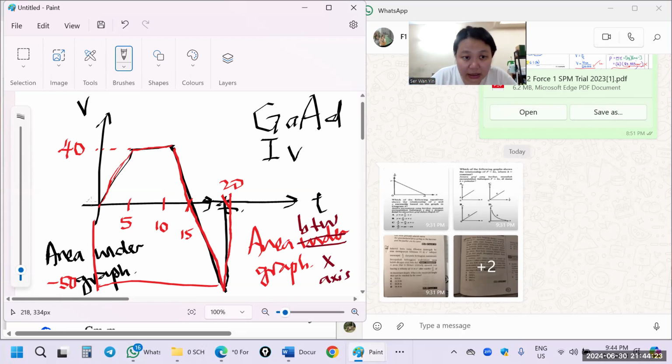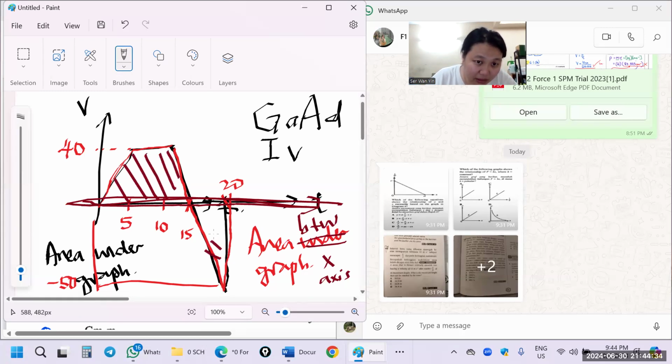Here is the x-axis. So where is the area between graph and x-axis? It is around here, understand? Area under graph actually means area between graph and x-axis. Don't be cheated.